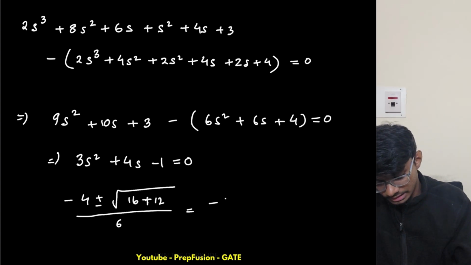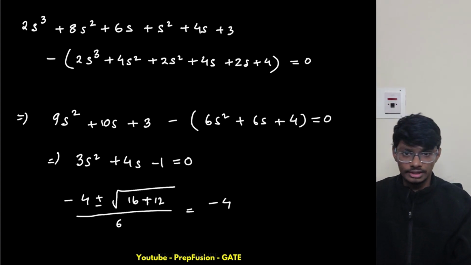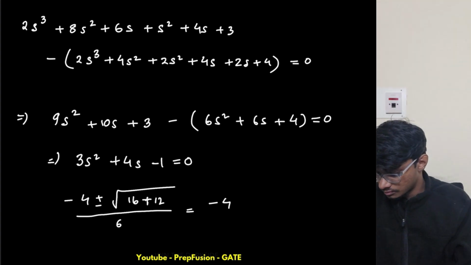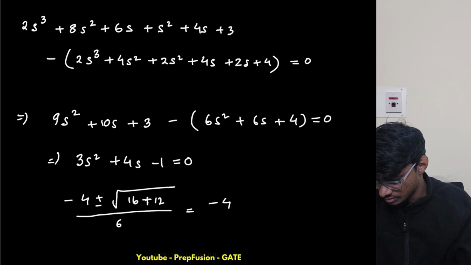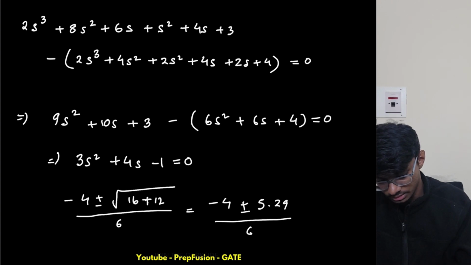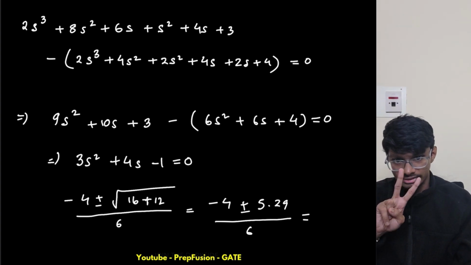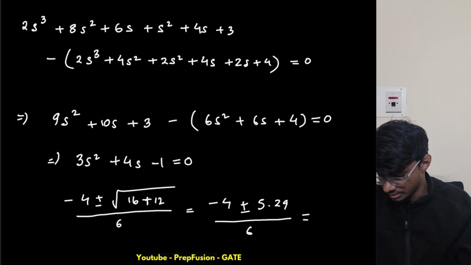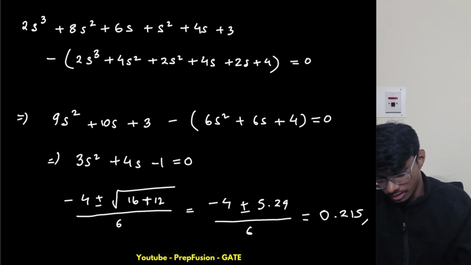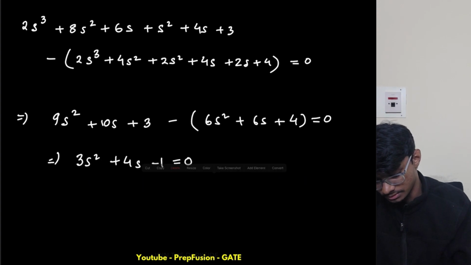I haven't actually calculated it, so I will calculate and then write it down directly. Generally I do write things down. Under root 28 is 5.29, divided by 6. So what do I get as my final answer? I will get two answers, right? First I will write minus 4 divided by 6. This is basically 0.215, and okay, I will take this one to the next page.